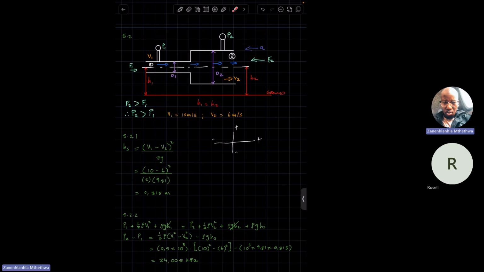Now you have F1, which is essentially the force that pushes the water in this direction, and then we have F2, which is the frictional force that the water is subjected to along the pipe walls.